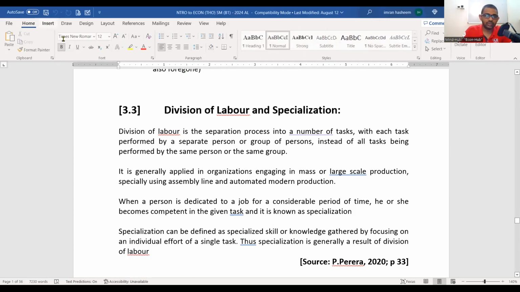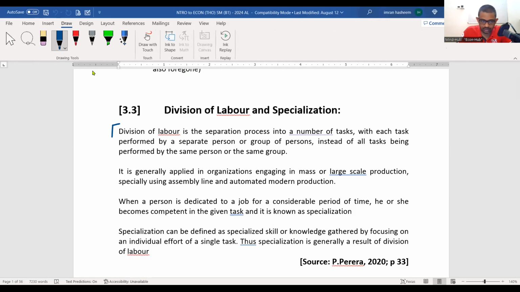So basically, according to Professor Prasanna Pereira, division of labor is a process of separating the production process into a number of tasks.